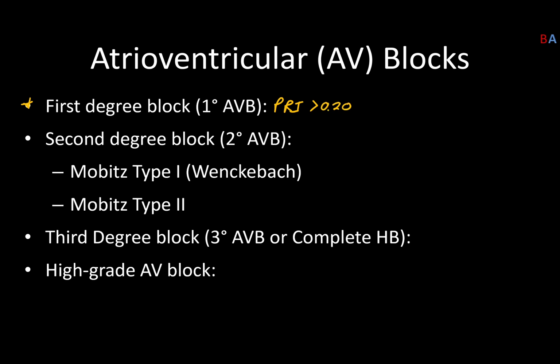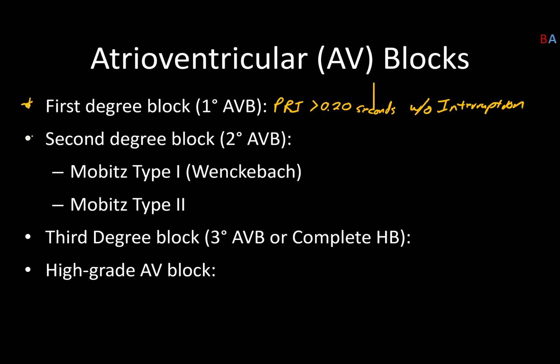All of a sudden, now you know why we've been measuring it this whole time. That's finally going to start paying off. So, 0.20 seconds, without any interruptions. Every P has a QRS, essentially.